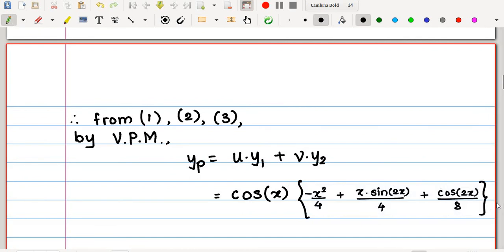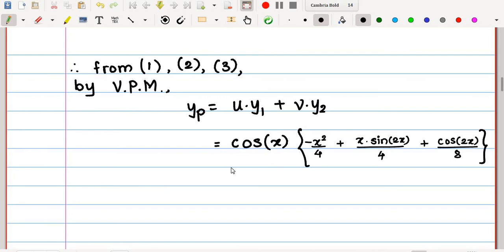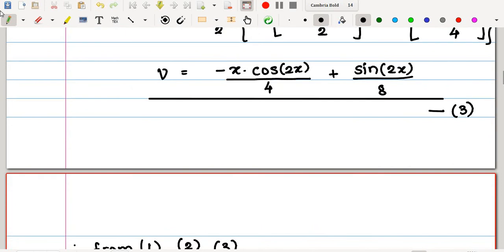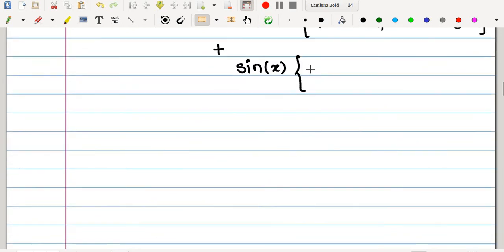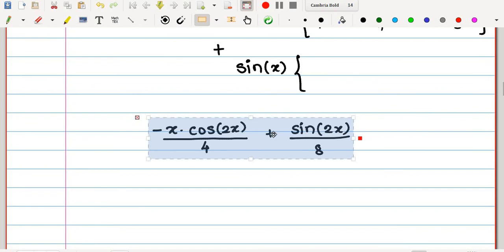So this is your value for u. Same is the case with v times y2. So we take plus y2, which is sin x, into v. So the value for v is here. So we take this value from equation number 3 and we substitute that value here.